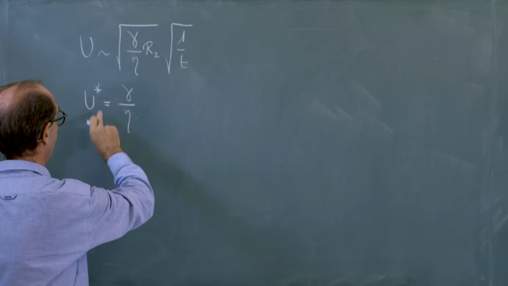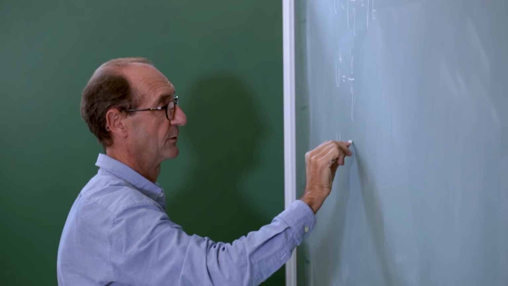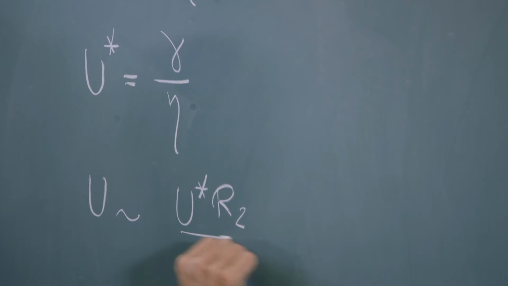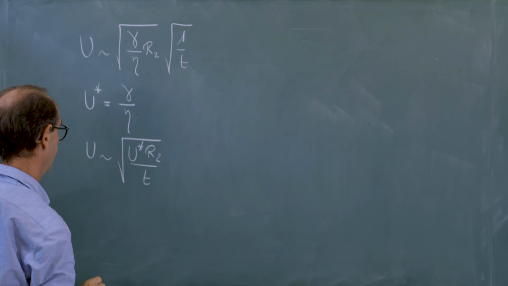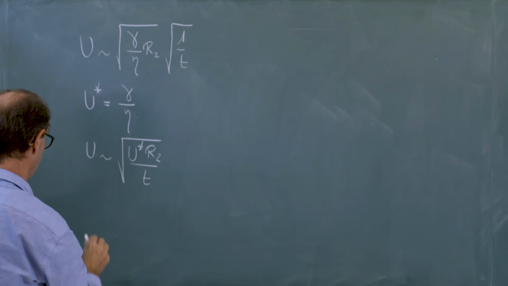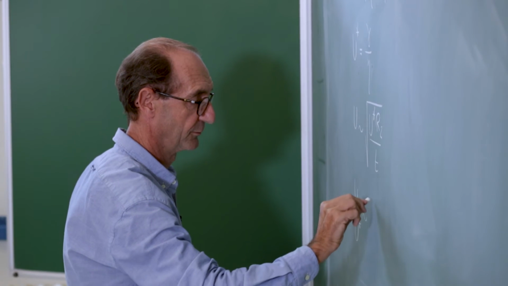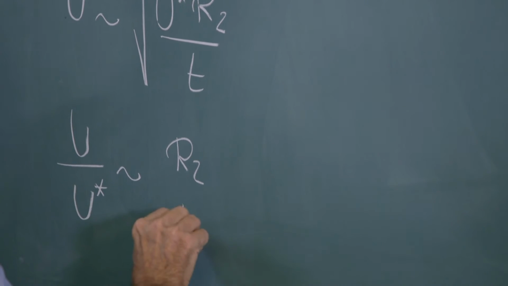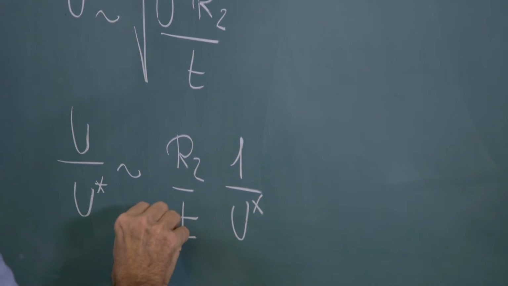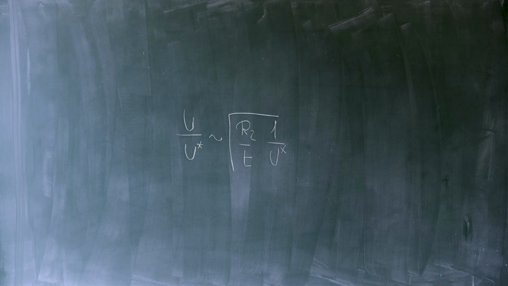Now, using this expression, I can rewrite the velocity u as the square root of u star multiplied by R2 and divided by time. And I can write a dimensionless value, which is u divided by u star. So I have u divided by u star, which is proportional to the square root of R2 divided by time, multiplied by the inverse of u star. Now, this dimensionless ratio has a name.